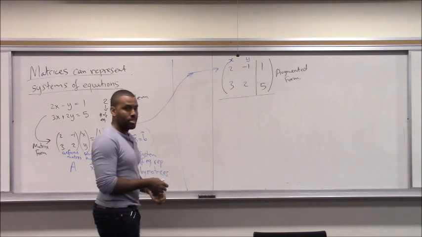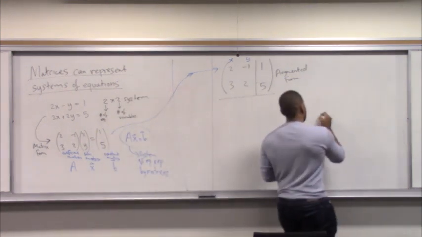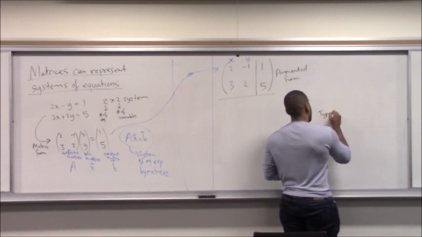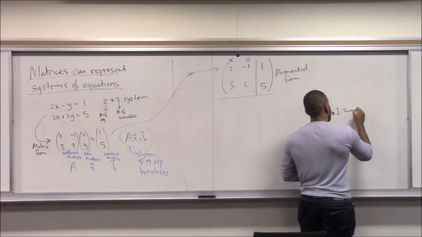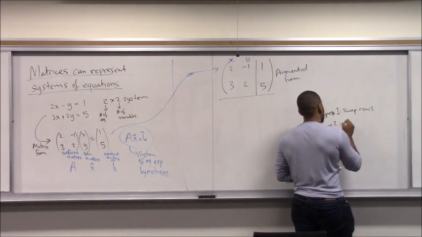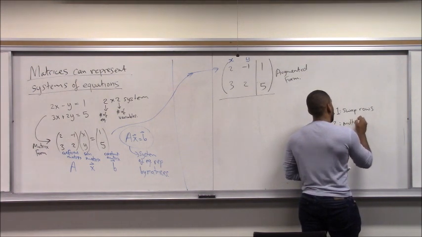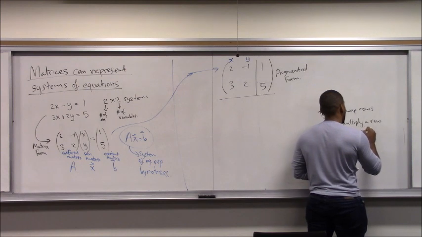Can you repeat the last one? Well, it's in your notes. This is a technical review, but there are types. There's a type 1, swap rows. Type 2, multiply a row by a non-zero constant.